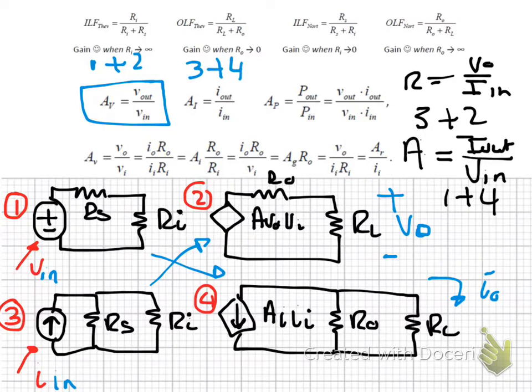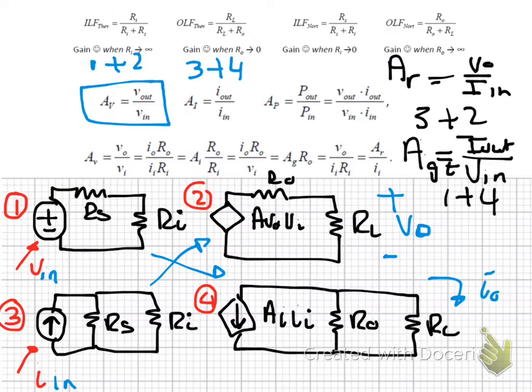That's your A of GT, and put this as A of R. So those are your 4 gains, and this is how you get your 4 gains.